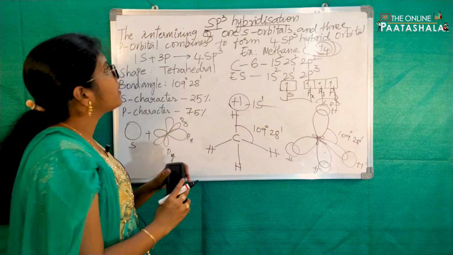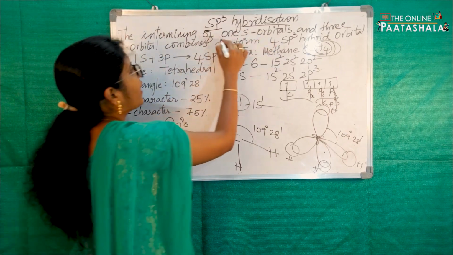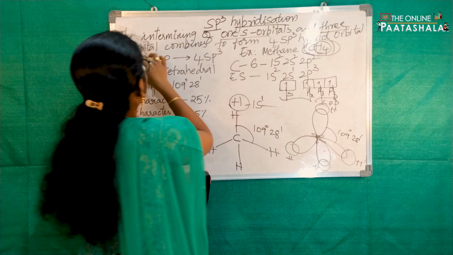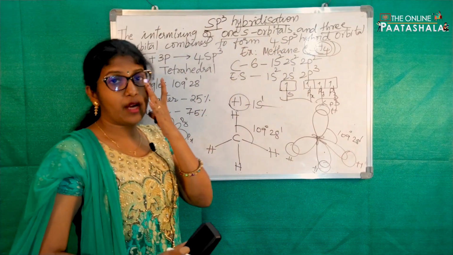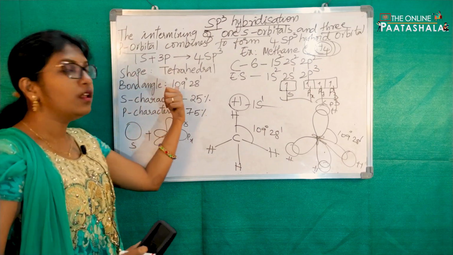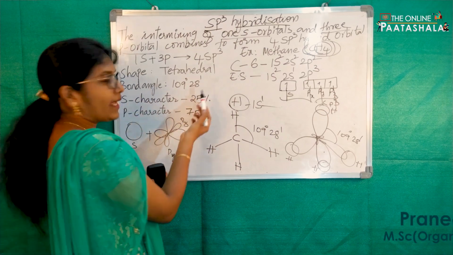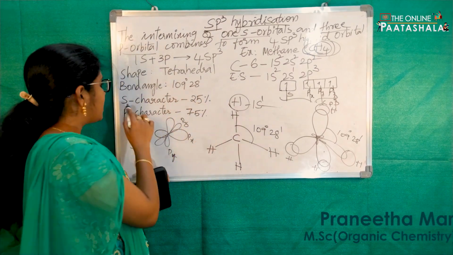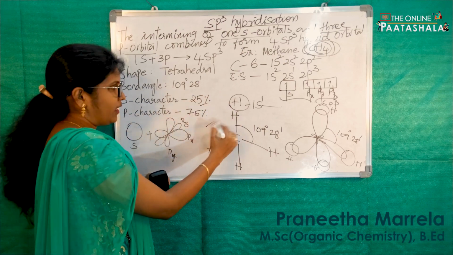Okay, sp3 hybridization: one s orbital and 3 p orbitals combine to form 4 sp3 hybrid orbitals. What is its shape? Tetrahedral. What is its bond angle? 109 degrees 28 minutes. S character 25%, P character 75%.